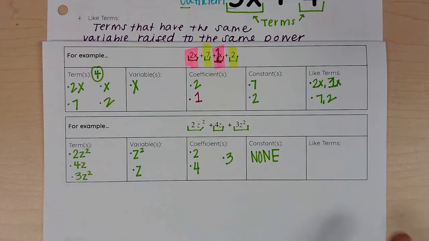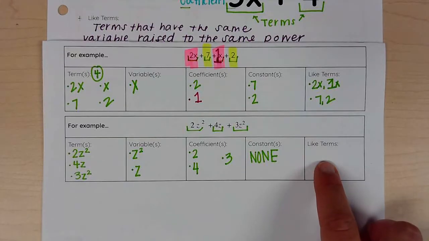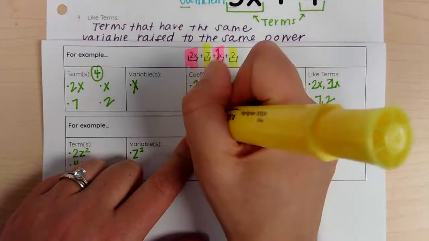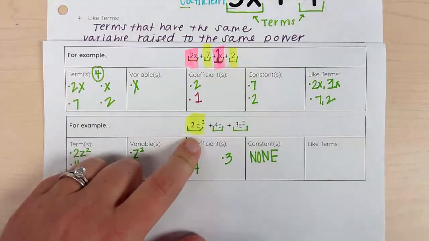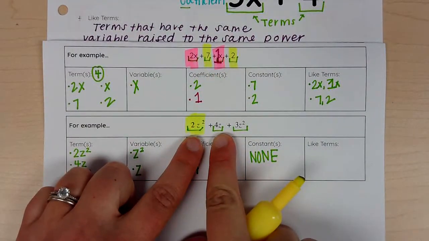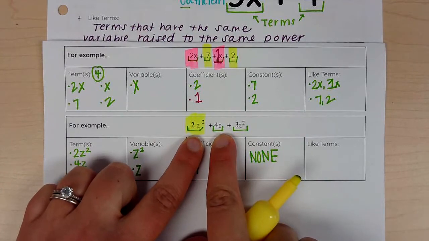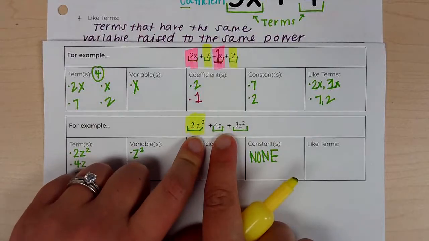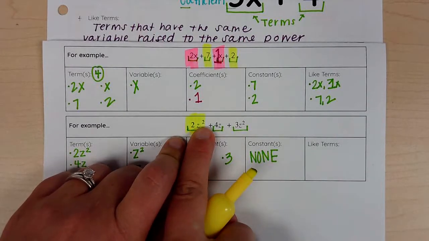And lastly, my like terms. Well, this 2z squared, this has a z as a variable, but it's not like because it's not raised to that second power.